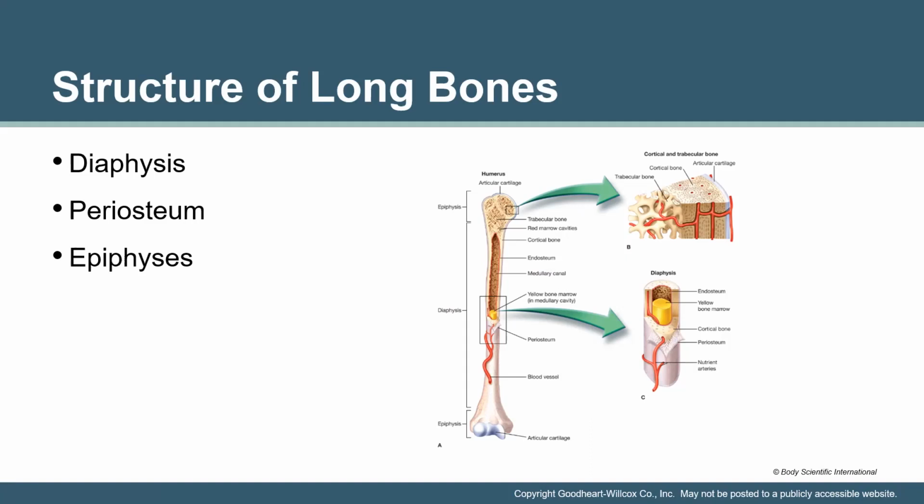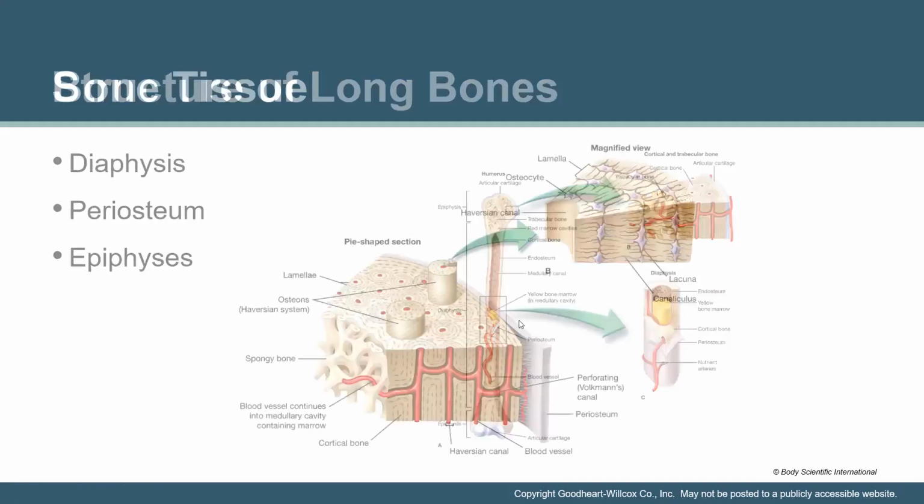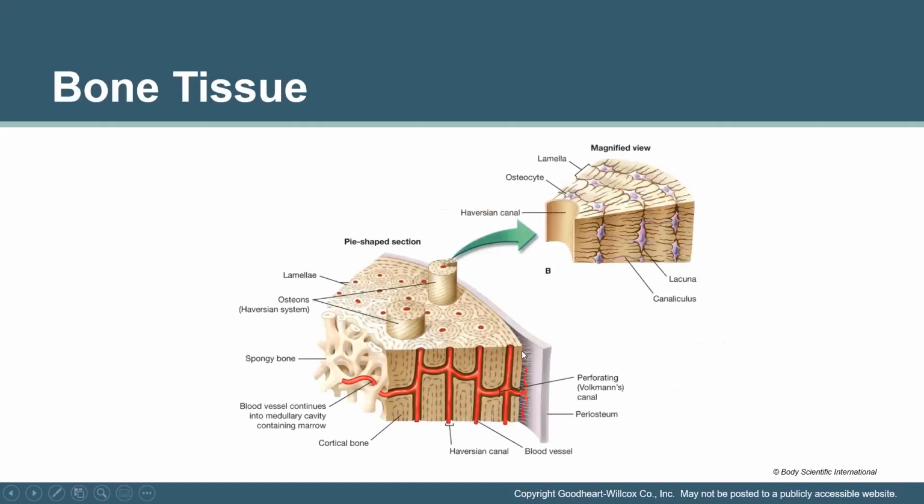Within this bone, and you can kind of see it here, we have a better picture. This is a great picture of the cortical layer of bone, as well as the trabecular or spongy bone on the innermost portion.